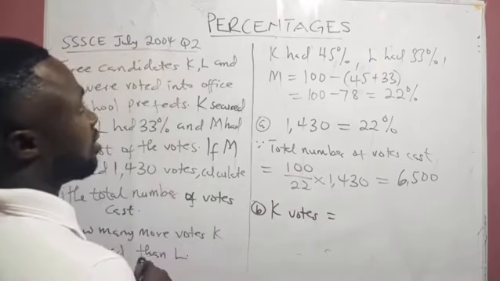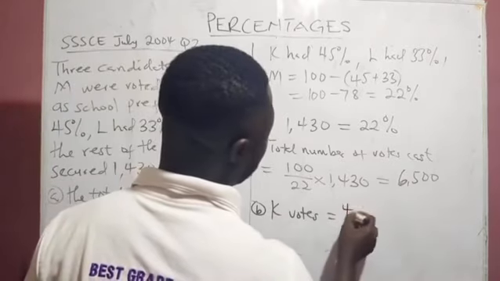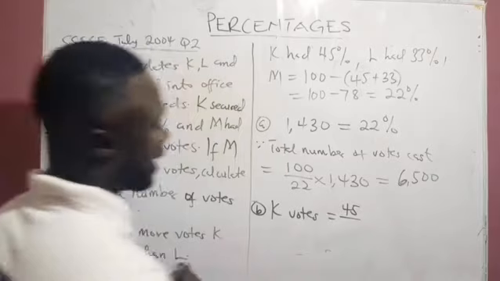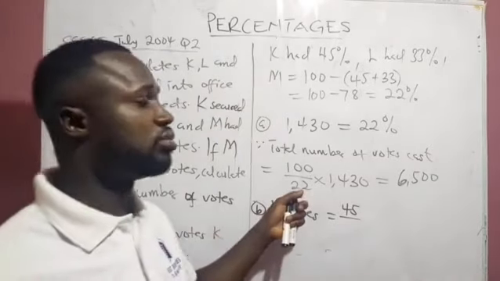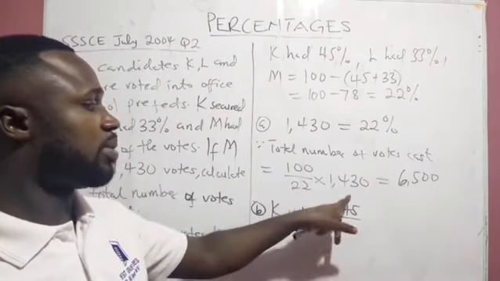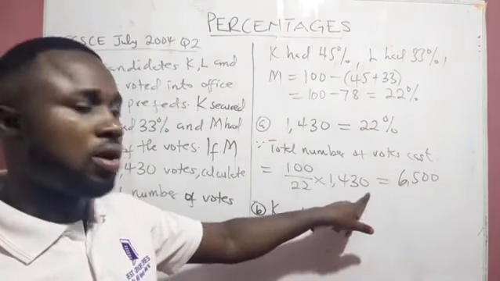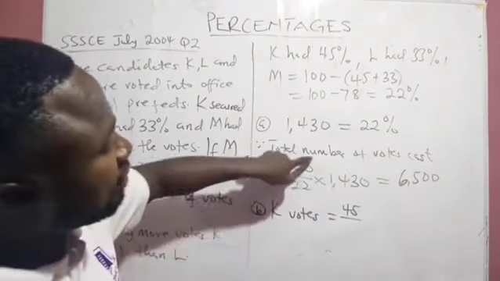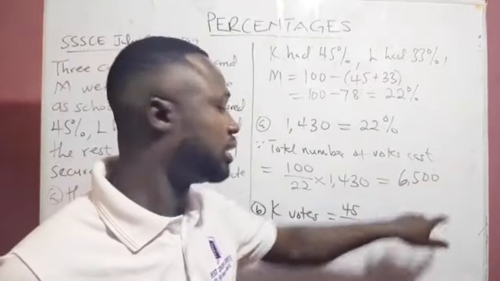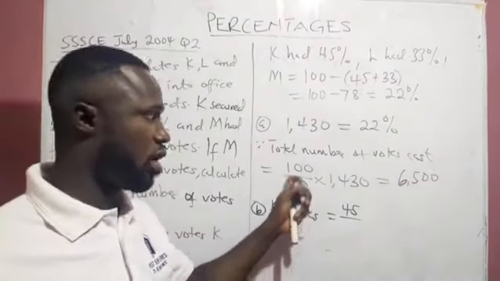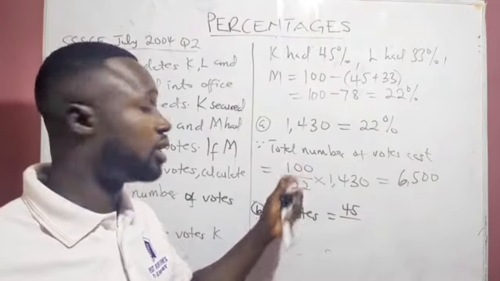What is the percentage of K? 45. So I'm looking for 45 divided by, so what are we going to divide by? You can use the 22. If I'm using the 22, I multiply by 1,430. Or I know the value of 100%, which is 6,500. So either I'll use the 22 or I'll use the 100. Alright.